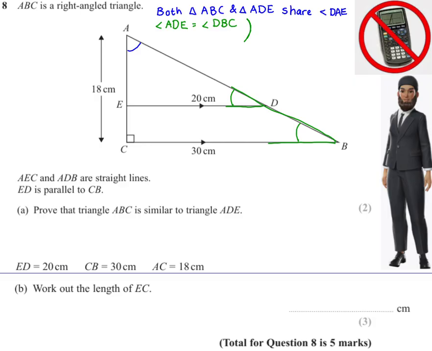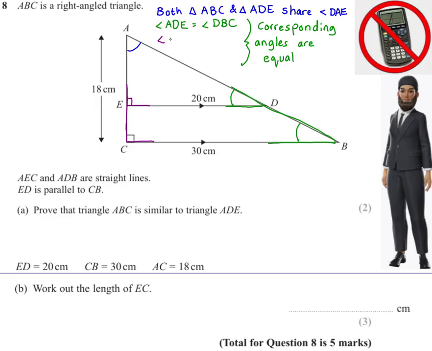Okay, so I'm going to write that down. Corresponding angles are equal. Then what I'm also going to do is, using the same rule over here, I want you to recognize that AED and ACB are also going to be the same, because these are also connected to a parallel line connected to a transversal, so therefore these are also corresponding.